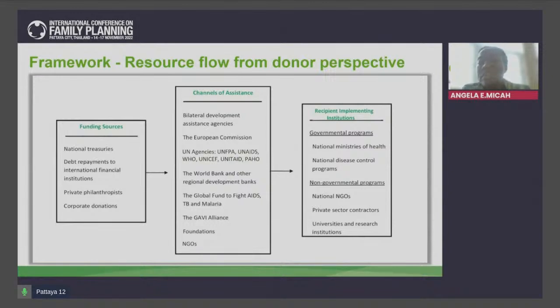And then these resources dispersed through the international development agencies are finally delivered to recipient implementing institutions in low and middle income countries.